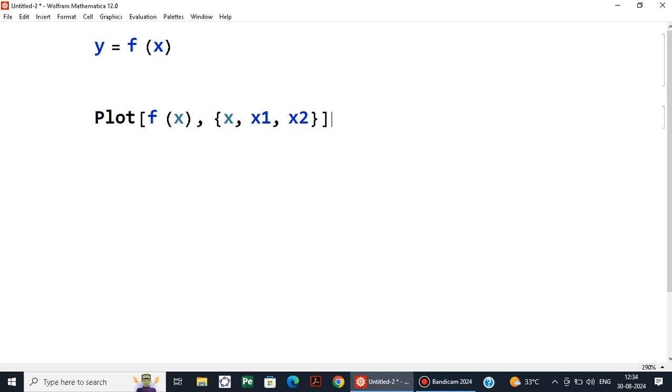Now take a basic example of y = x square.